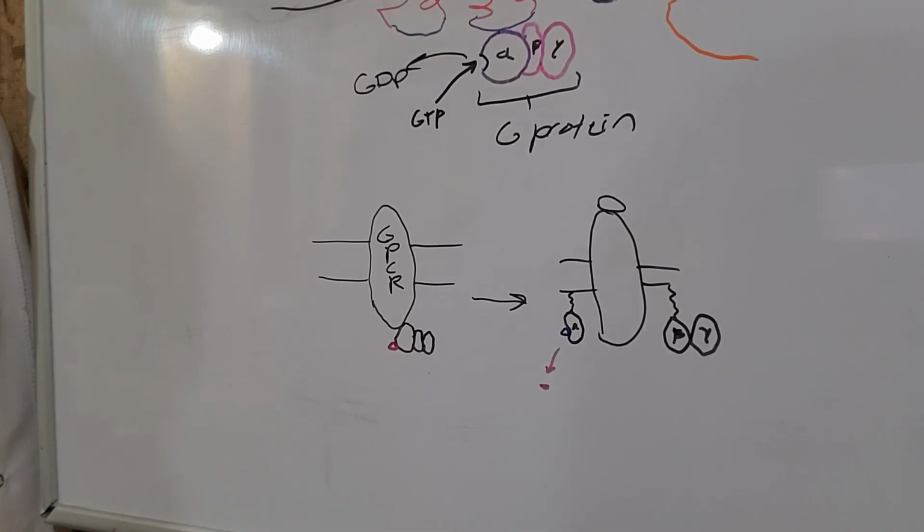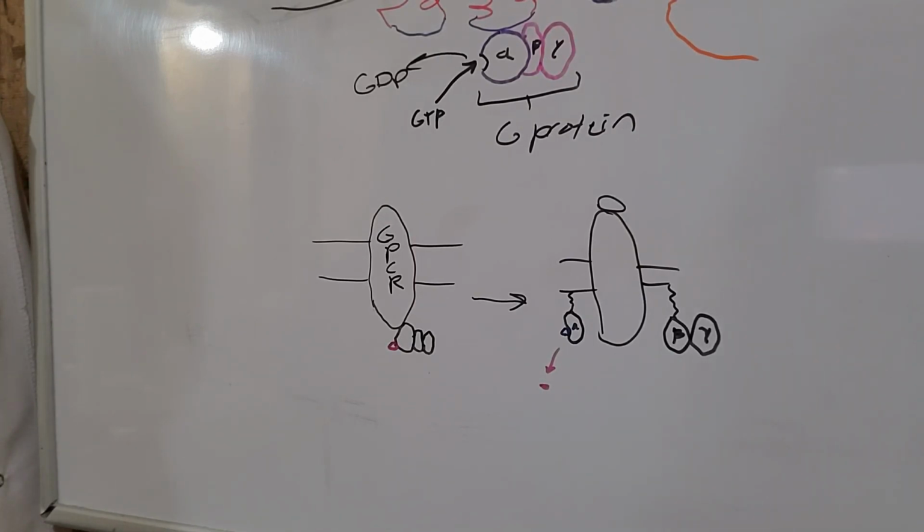So when they dissociate from the receptor complex itself, they go on to activate an effector. Now, an effector is an enzyme, usually a protein that causes the further transduction of the signal. It may take many forms. It depends on a lot of things, but there's several different important pathways.